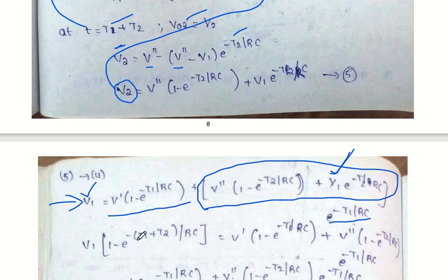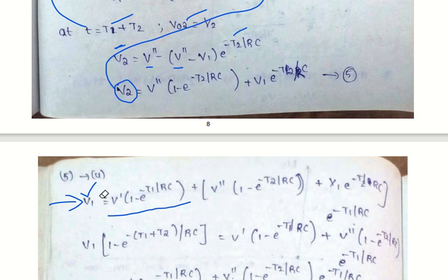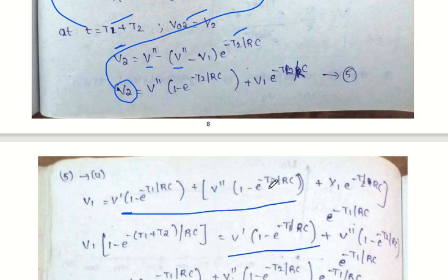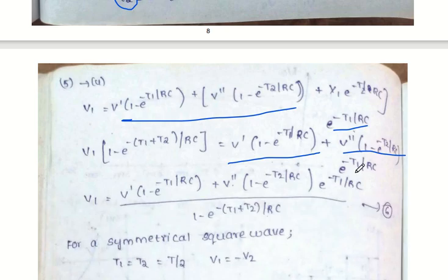That means e power minus of (t1 plus t2) by RC, because this term is multiplied with this term. That is equal to V dash into (1 minus e power minus t1 by RC) plus V double dash into (1 minus e power minus t2 by RC) into this term, e power minus t1 by RC.